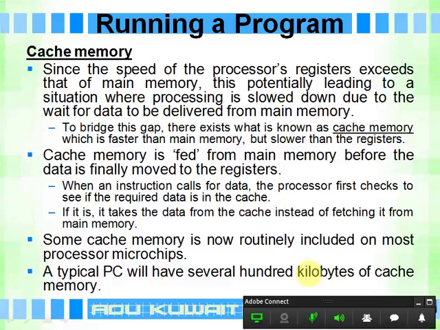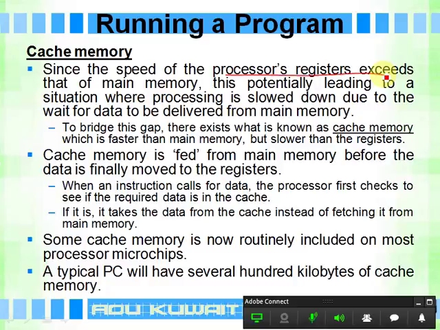Since the speed of the processor registers exceeds that of main memory, because registers are much faster than main memory, this potentially leads to a situation where processing is slowed down waiting for data to be delivered from the main memory. So there might be a delay.